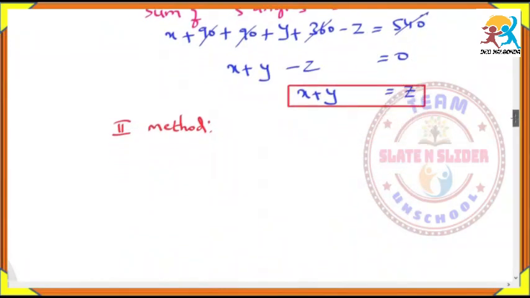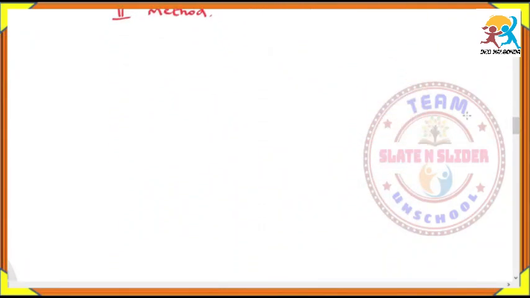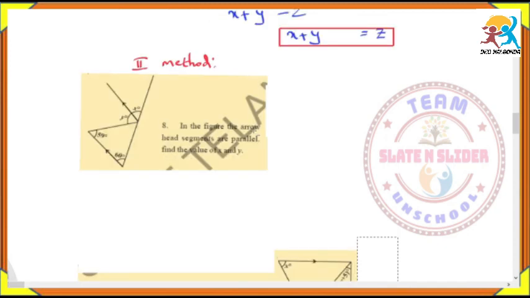So we have to think of different methods, and we will go through the next question, that is the 8th one. In the 8th question, we have to find out x and y.